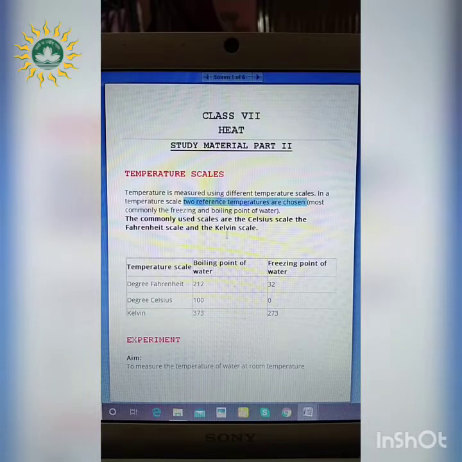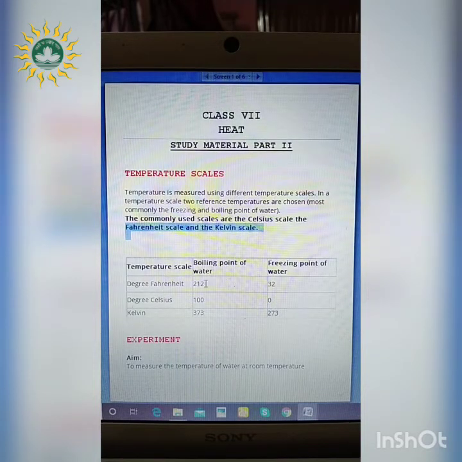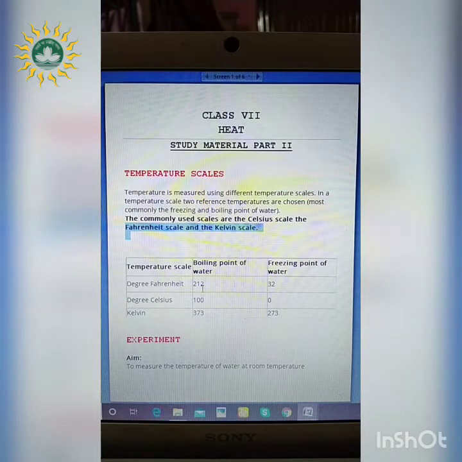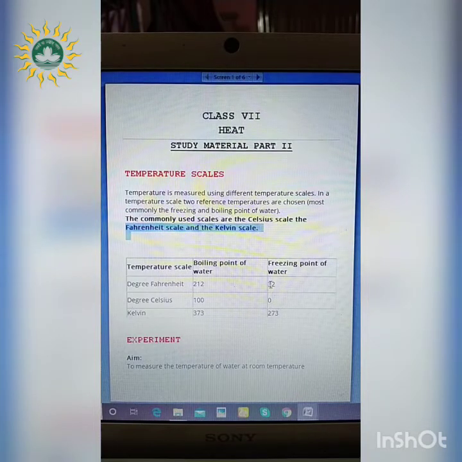So three types of temperature scales are mainly present. What are those? Celsius scale, Fahrenheit scale and Kelvin scale, right? These three have different boiling and freezing points. Firstly, degree Fahrenheit has a boiling point of 212 degree Fahrenheit and a freezing point of 32 degree Fahrenheit.